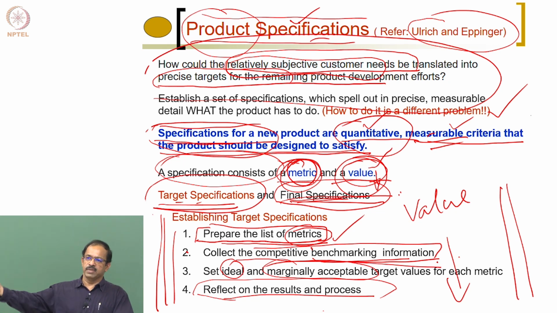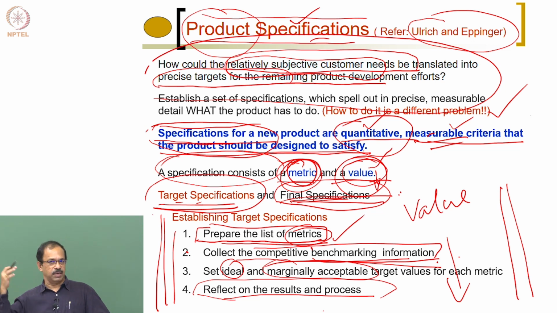So what is being done in other areas, other products, what value they are using, that will be used to identify what value to be used in their products. And then we set the ideal and marginal value. So ideal something will be there, but marginally acceptable values are also there. So we make it as marginally acceptable values.